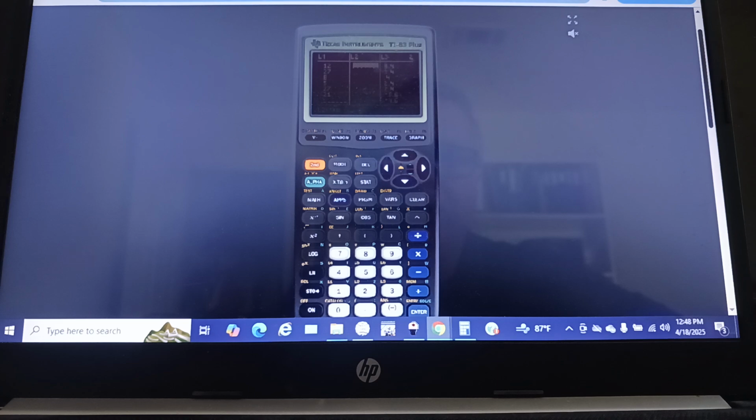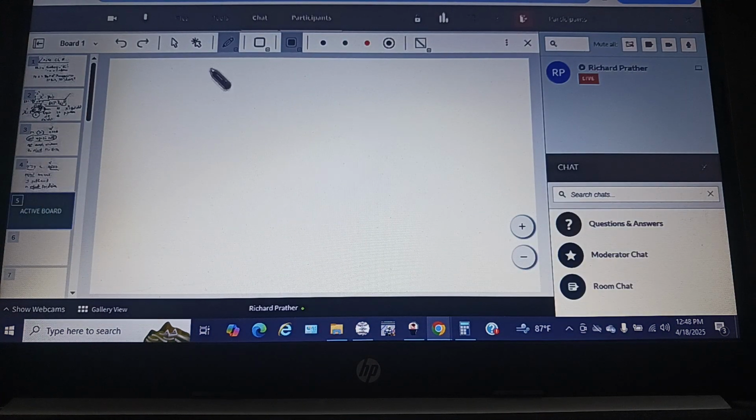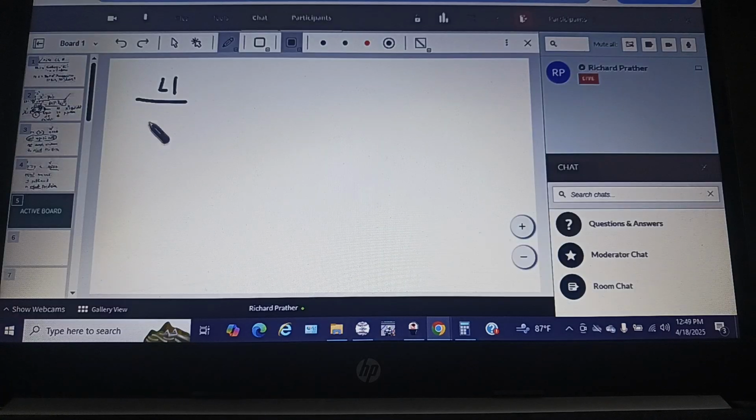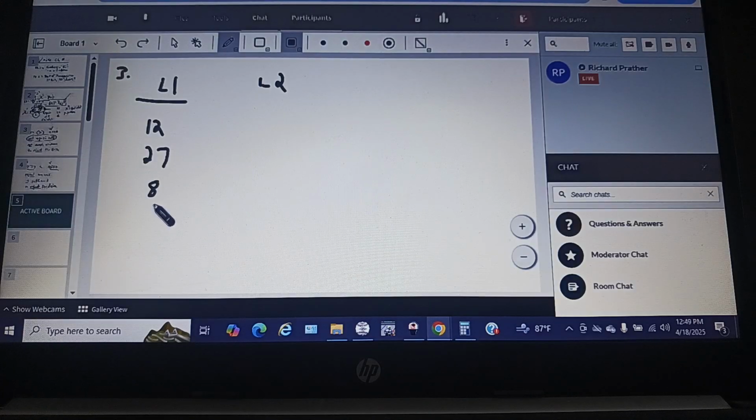So for L2, here's what you've got to do. Even if you have a fancier calculator, everybody's going to have to do this by hand. So for L1, I'm going to write the numbers down here: 12, 27, and 8. This is problem number 3. And then we're going to do the L2s over here: 5, 27, and 21.